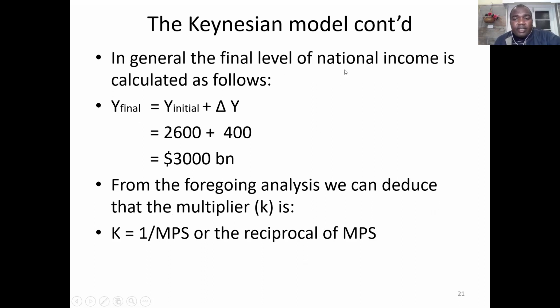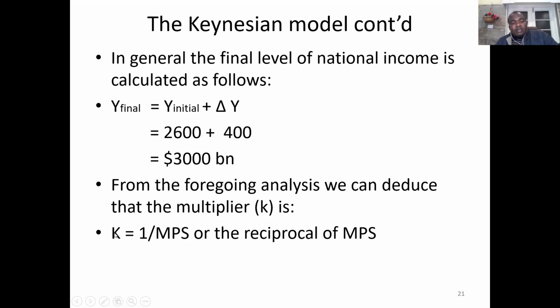In general, the final level of national income is calculated as follows. Y final is equal to Y initial, which is 2,600, plus delta Y, which is 400 in this case. And we get the final level of national income being 3,000 billion, which is 3 trillion. From the foregoing analysis, we can deduce that the multiplier K is expressed as follows. K is equal to 1 over MPS.